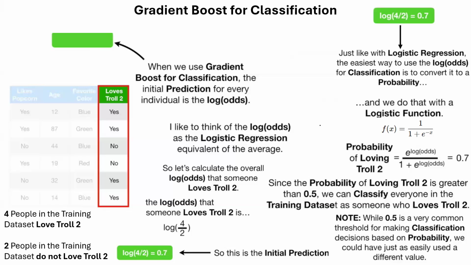But for now, I'll just walk you through the gradient boost technique for classification, not the algorithm with the mathematical representations. Gradient boost for classification looks almost similar to the regression case.